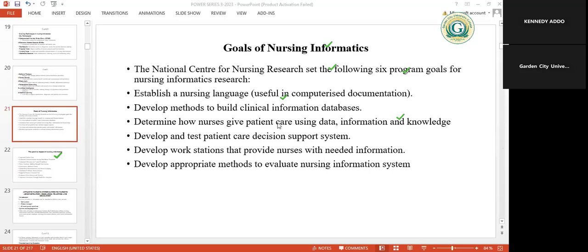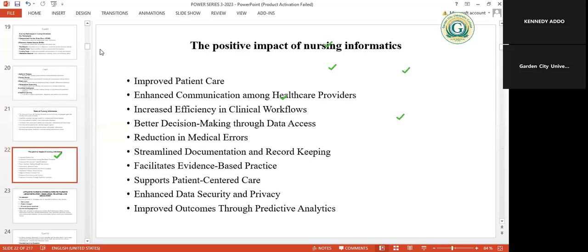Now let's review what I have here. It improved patient care. It has also enhanced communication among care providers. It has also increased efficiency in clinical workflows. The paper-based system has been characterized by inefficiencies, but the application of technology, or electronic health records, addresses some of these inefficiencies: better decisions through data access, reduction in medication errors, streamlined documentation and record keeping.